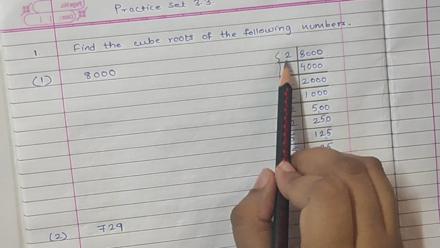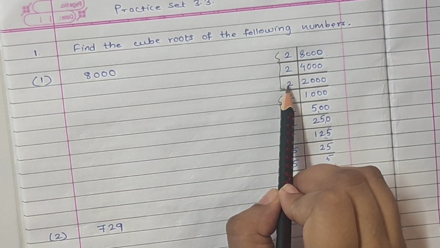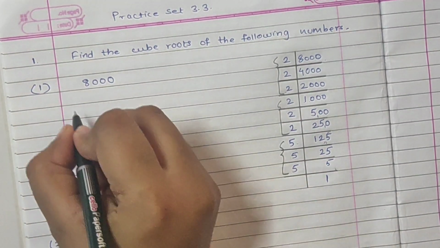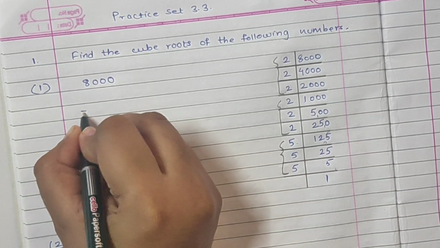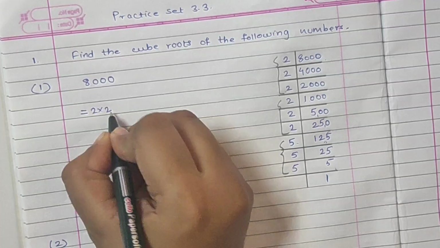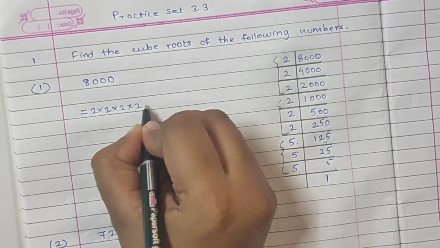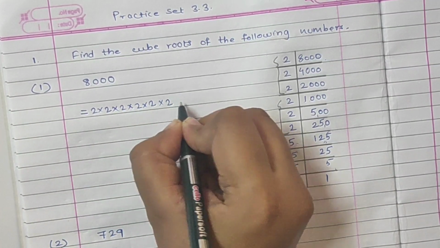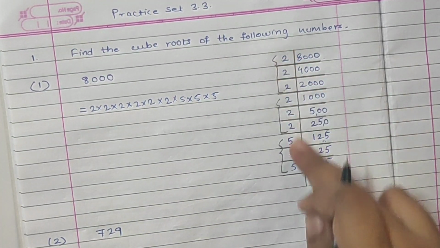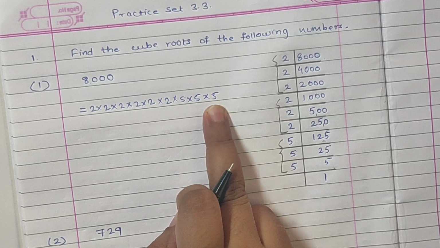Instead of 2 into 2, you will write, first you will write here 8000 is equal to all these factors in multiplication.